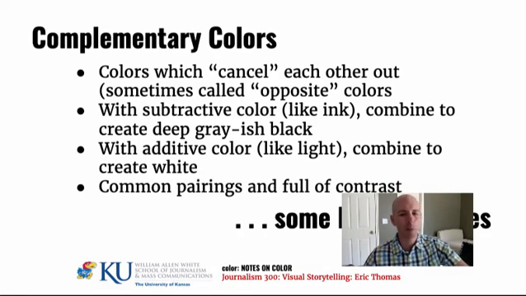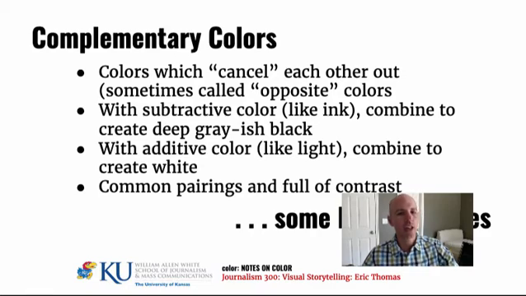What are we talking about when we talk about that? Well, this is a lot of bullet points for something that you probably felt like you understood completely from kindergarten. When we talk about complementary colors, we talk about colors that cancel each other. They're opposite colors on the color wheel.